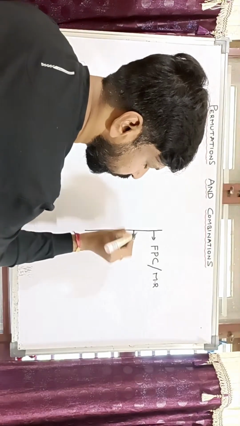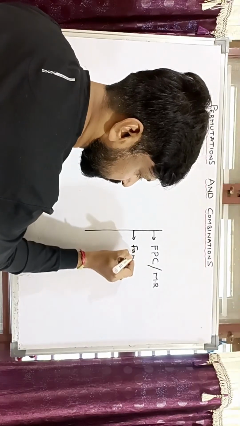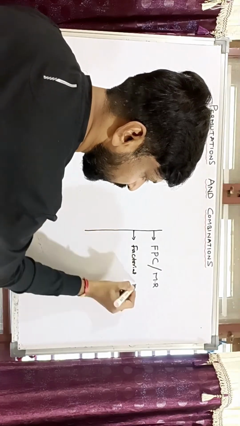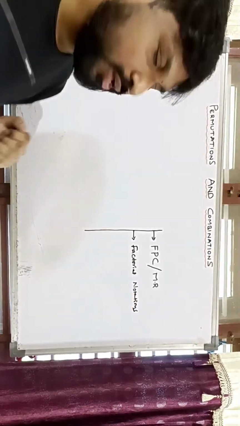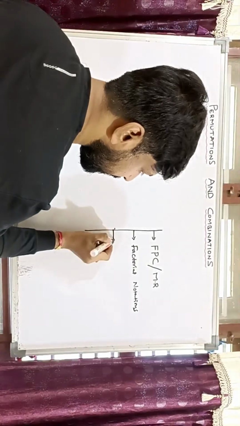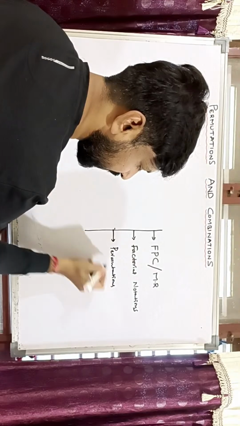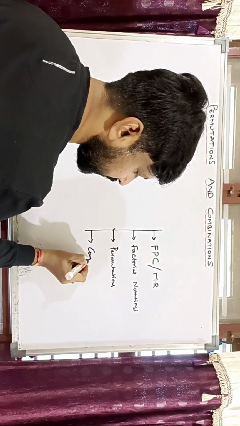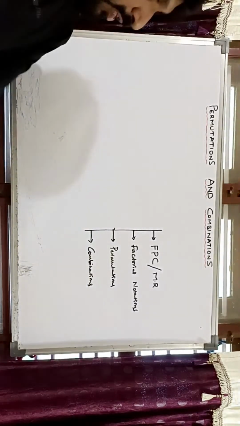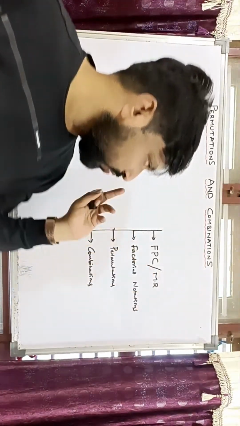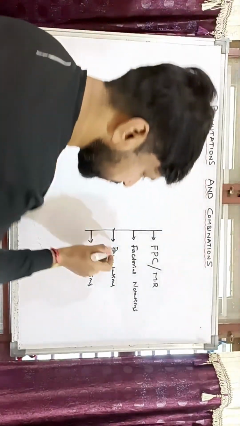Coming to topic number two, you are going to learn notations, the factorial notations. Then the third one is permutations. Finally we will end the chapter with combinations. So these are the topics: fundamental principle of counting or multiplication rule, factorial notations, permutations, and combinations.